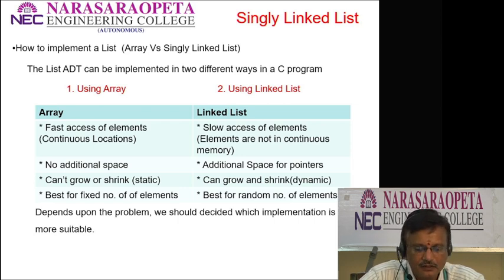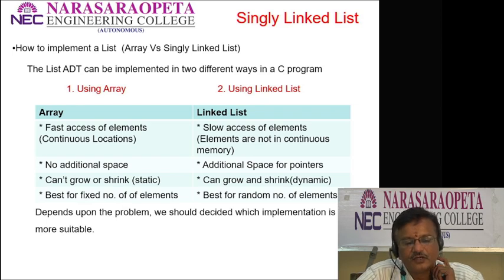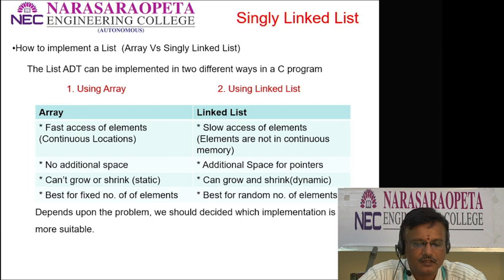If you go for the implementation of a list using a linked list, that is, using pointers, the main disadvantage of this method is that it is slow. You cannot access the fifth element directly, because in a single linked list we always store only the starting address of the first node.